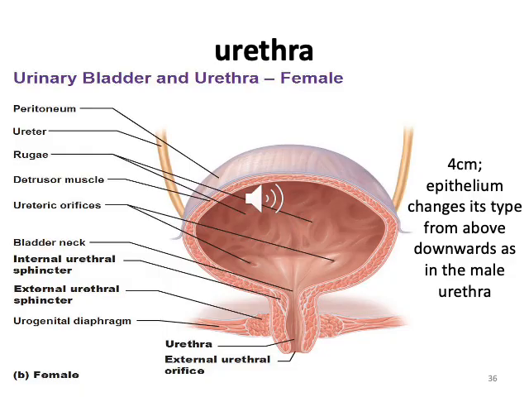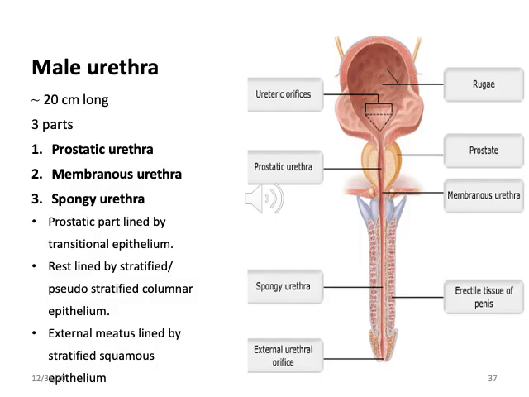The female urethra is 4 centimeters long, and the epithelium changes its type from above downwards as in the male urethra. The male urethra is around 20 centimeters long, and has three parts: prostatic, membranous, and spongy urethra.